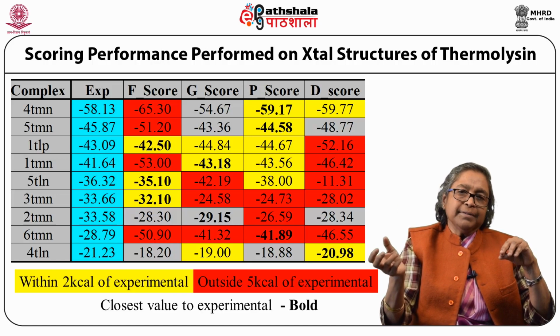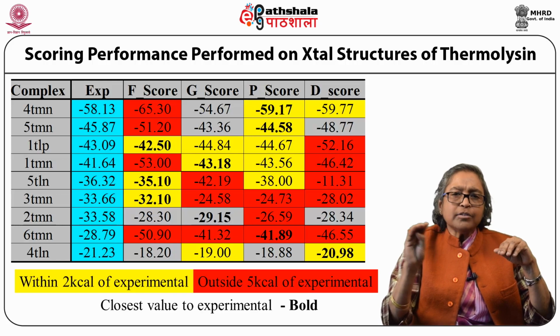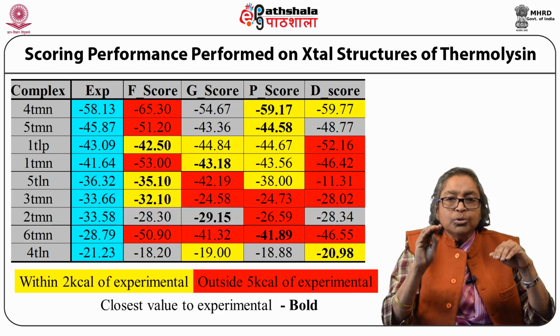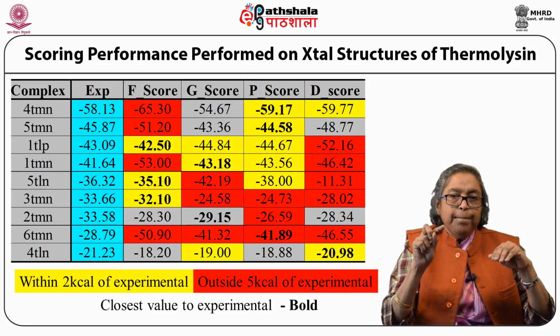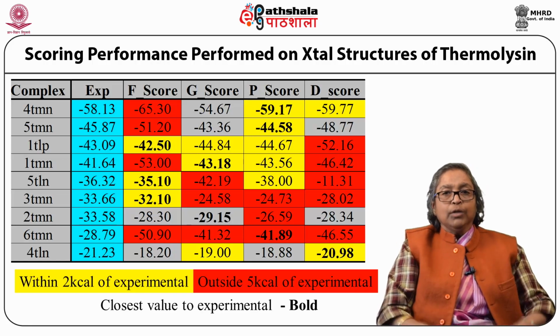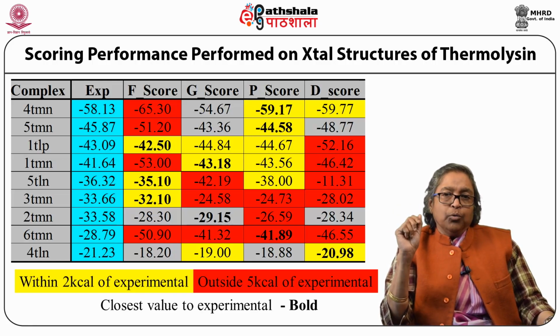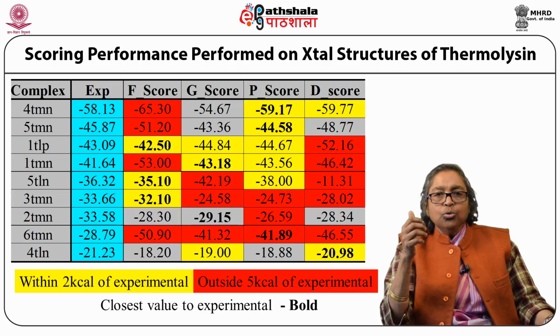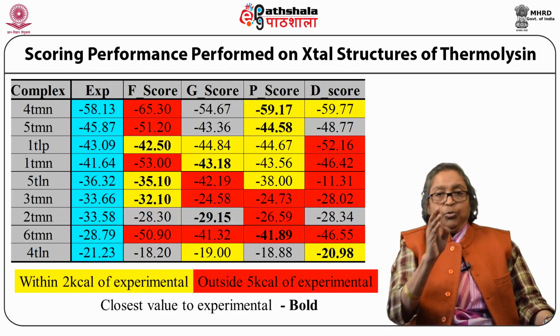Here it's very interesting if you observe that the ones nearest to the experimental values are those shown in yellow color, within 2 kilocalories, whereas those 5 kilocalories or more away from the experimental values are in red, and the rest of them are not really worth looking into. However, please do note that different programs' scoring functions give different kinds of accuracy.